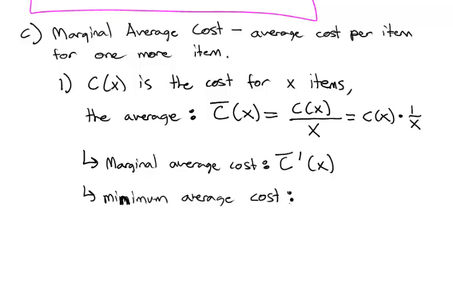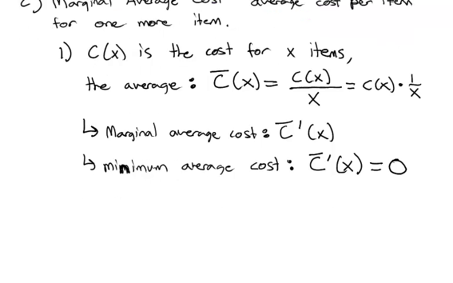Well, it turns out, and we're going to look at this in a lot more detail in Unit C, that the minimum average cost occurs when C bar prime of x, the derivative of the average, is equal to 0. In other words, increasing by 1 is going to have no effect on the average. It's not going to change. This is where the minimum average cost is going to occur.